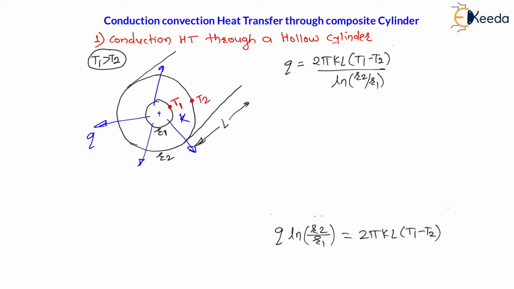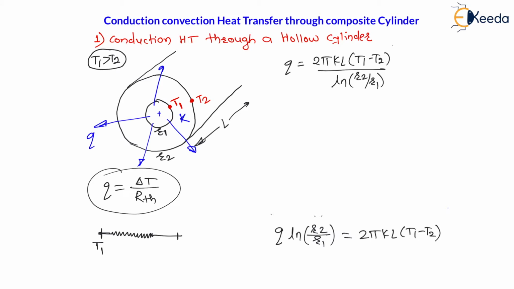Again, we know that the heat transfer Q is nothing but change in temperature divided by R thermal, that is thermal resistance in the circuit. If I draw a circuit analogy with an electrical circuit, initially temperature is T1, and after the conduction heat transfer through the cylinder, the temperature becomes T2. And here heat is flowing through the circuit.